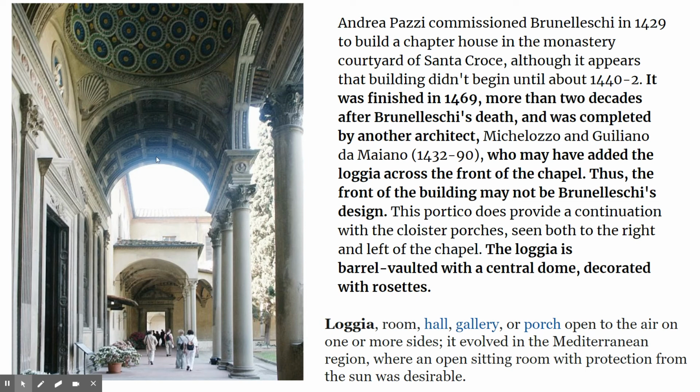But this outside area, why would a covered porch be particularly important in Italy? Well, it's hot in Italy, right? So anyway, the loggia was added on after Brunelleschi's death. But we can see we have a barrel vault, we have a dome in the loggia, with pendentives.